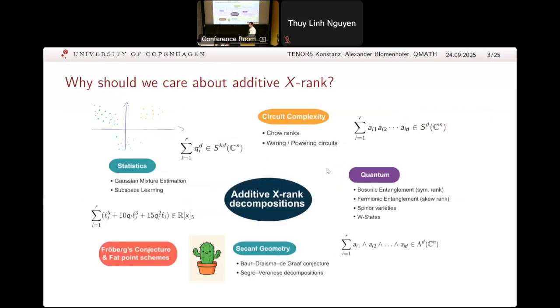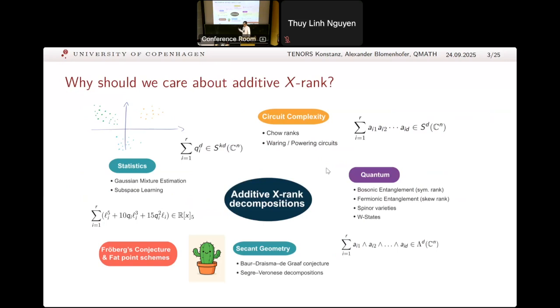How you count, same size, but maybe X has more weight. You don't measure them. Yeah, that depends. You can possibly do that, but I don't do it here. Also because in all the examples that I will have in this talk, the X will be an irreducible variety.